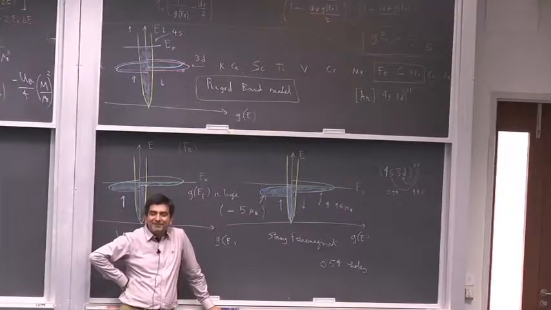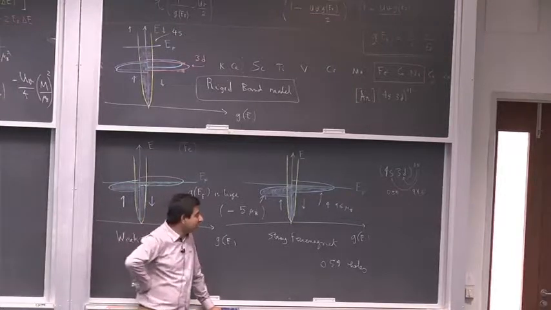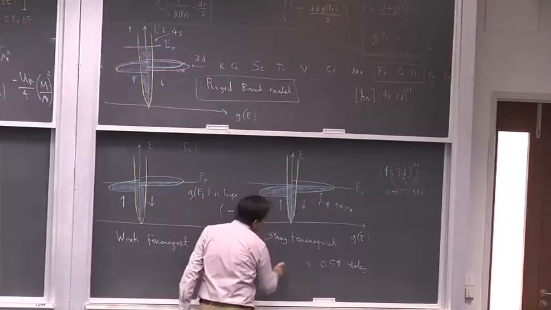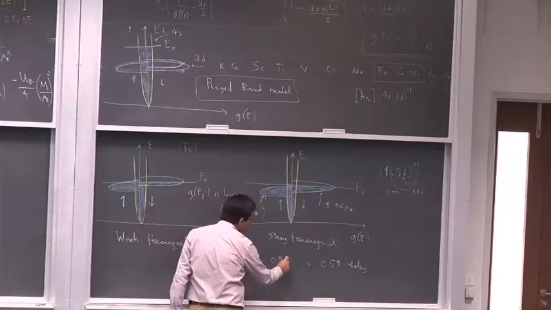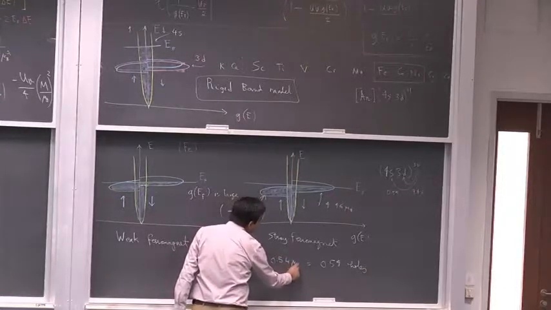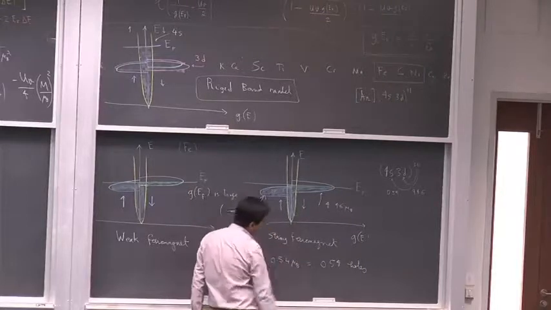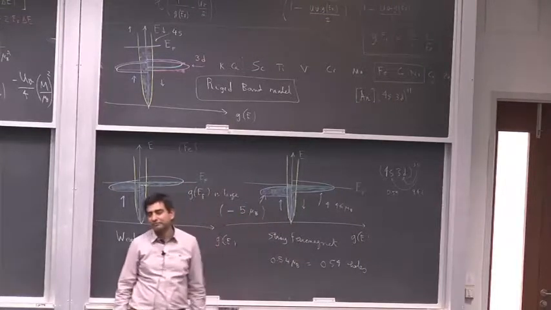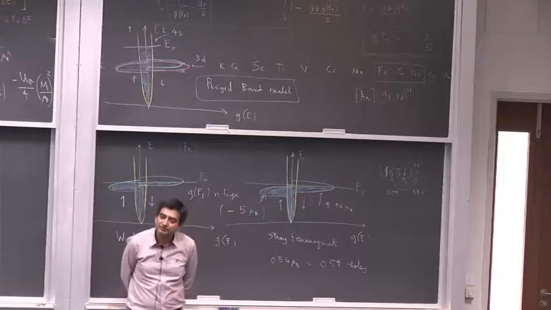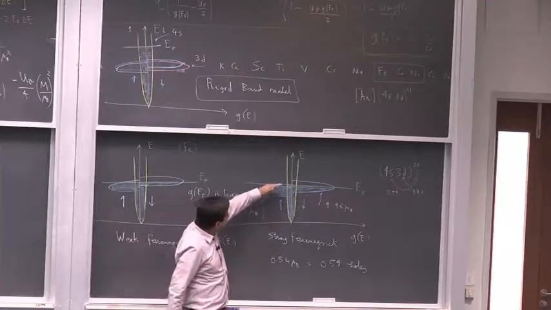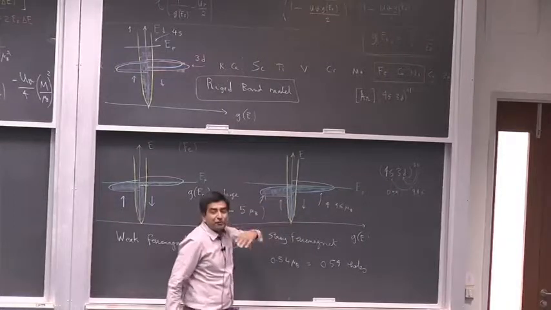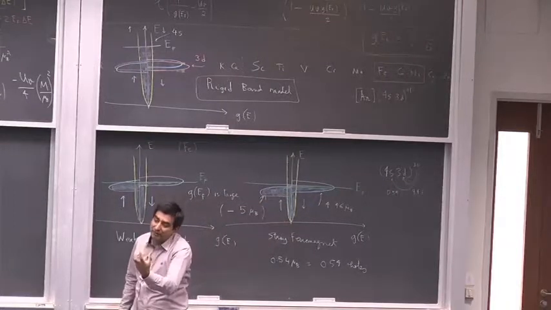Each hole will give you a magnetic moment of mu b, because a hole is just an absence of electrons. So the total magnetic moment per atom is going to be 0.54 mu b inside nickel. Okay? So this explains why you have non-integer values of mu b.